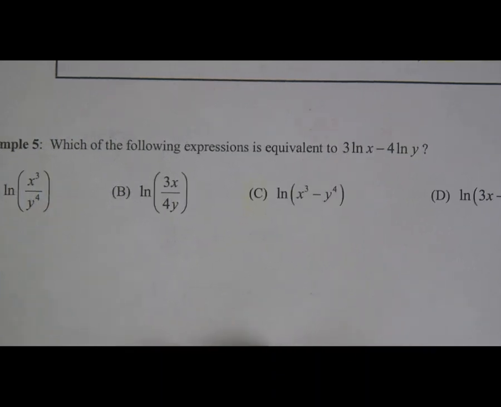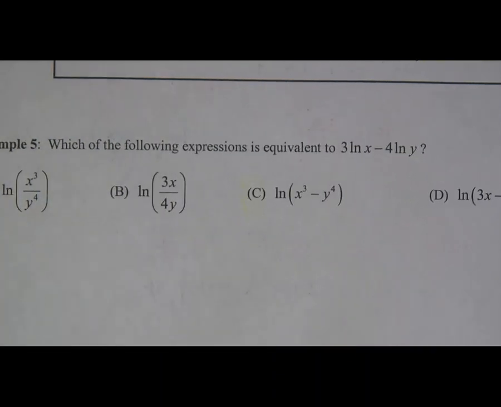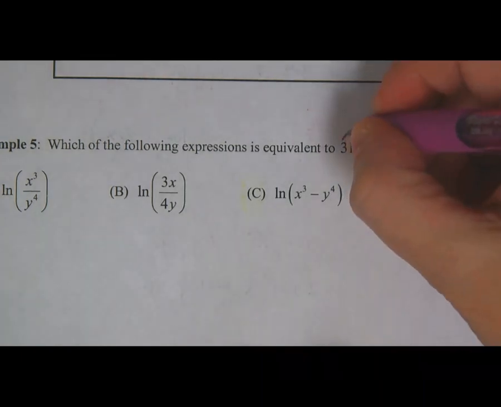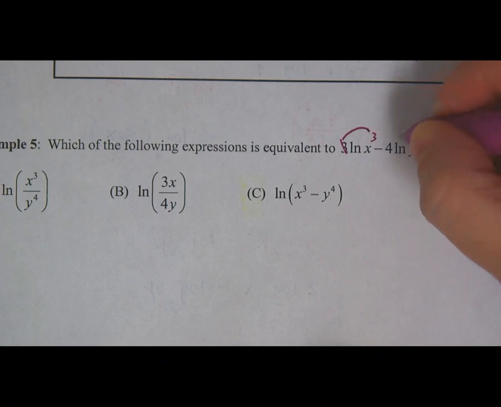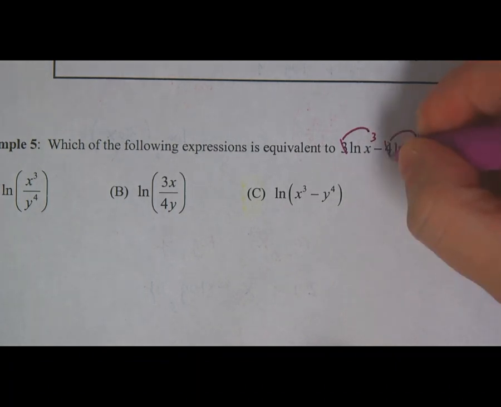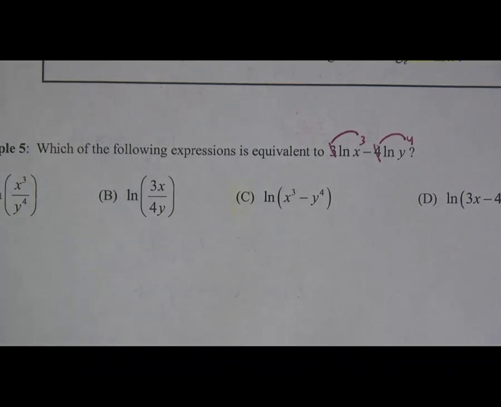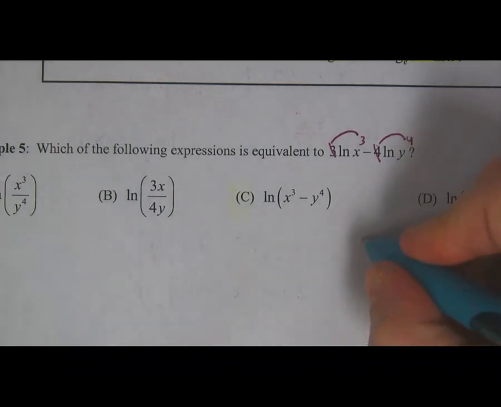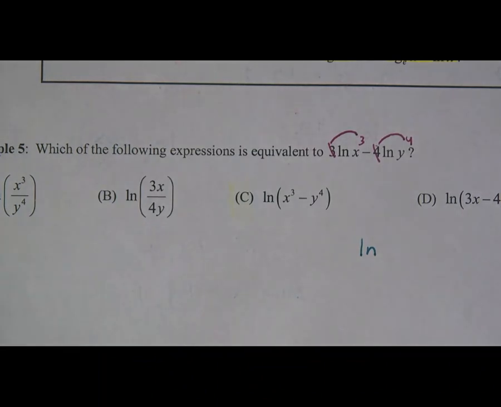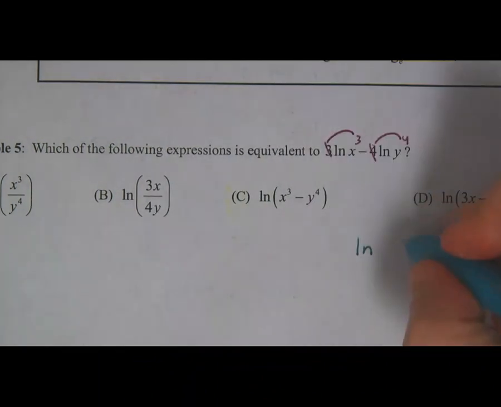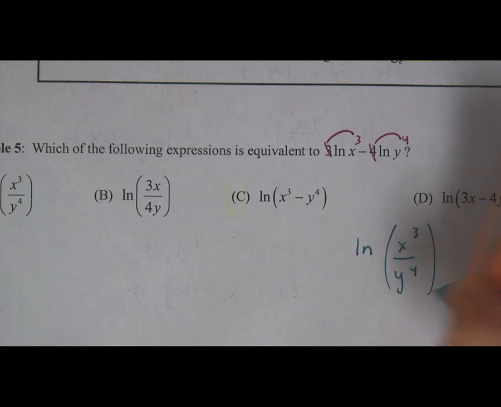Which of the following expressions is equivalent to 3 natural log x minus 4 natural log y? Use your power property to move that 3 to be the exponent and that 4 to be the exponent. And then use the quotient property because they're subtracted to condense that into the natural log of x cubed over y to the 4th. So that's going to be A.